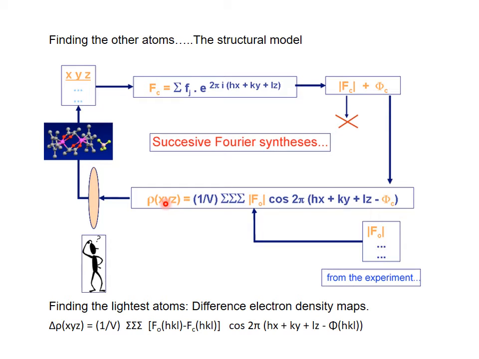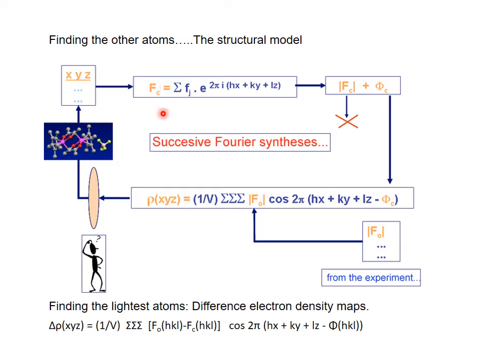Now you can hopefully identify even more atoms from the peaks on the electron density map. So you have additional coordinates, and from these you can again calculate an improved structure factor, and you do this successive Fourier synthesis over and over again until you have found all your atoms.